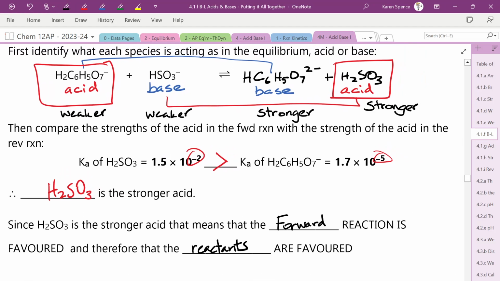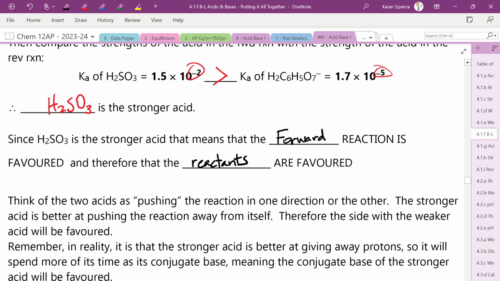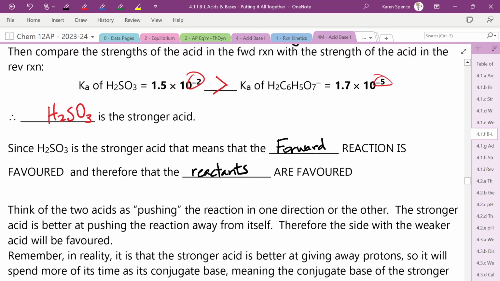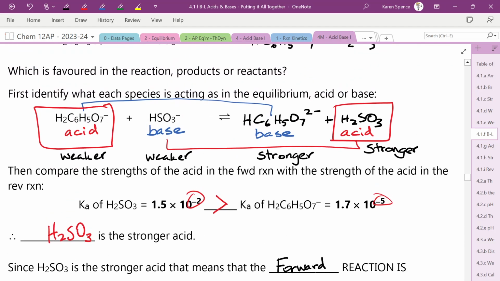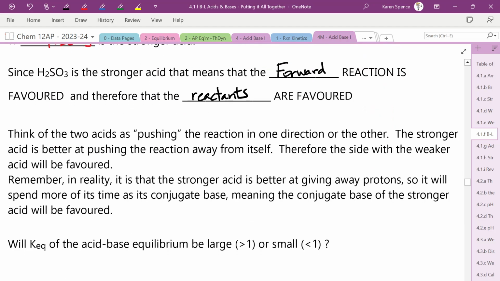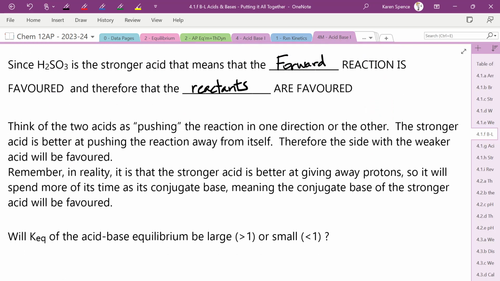So if you think of the two acids as pushing against one another, the acids on the products are pushing away towards the reactants. So you end up with more of the weaker stuff. So is Keq going to be large or small? Keq will be?